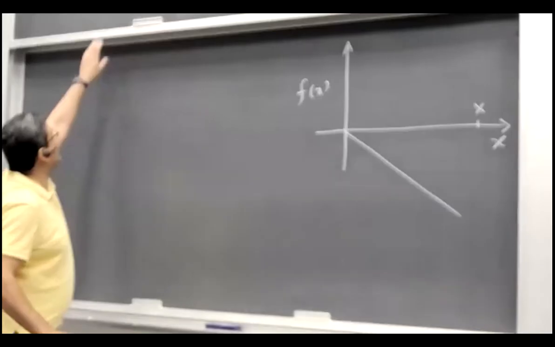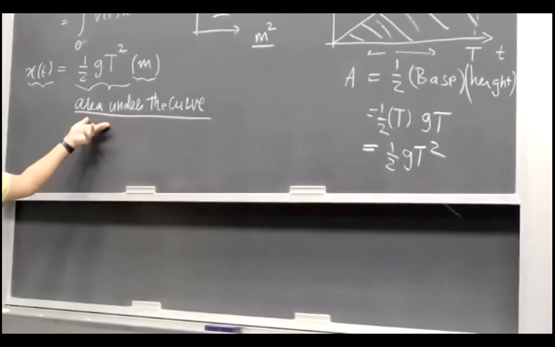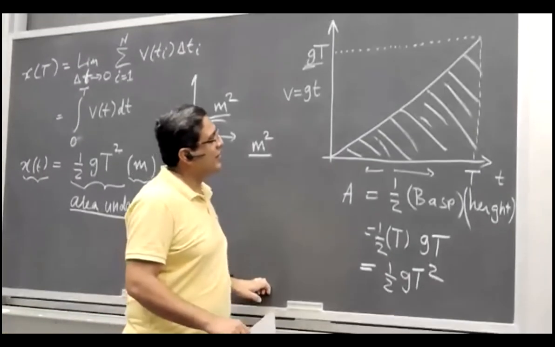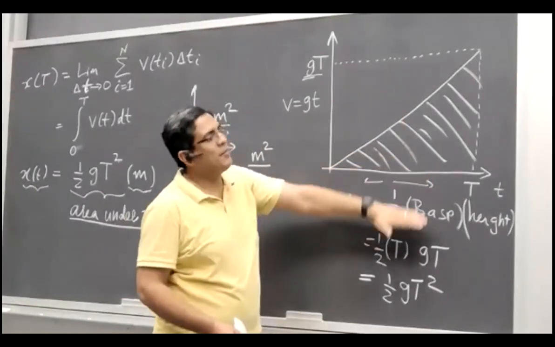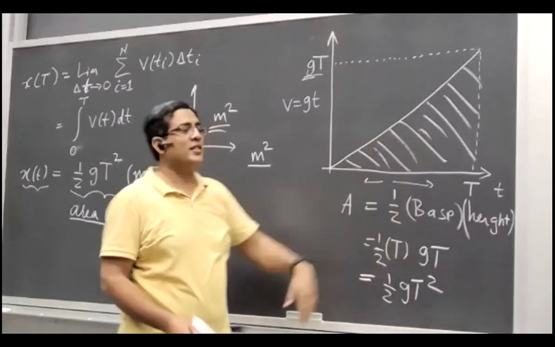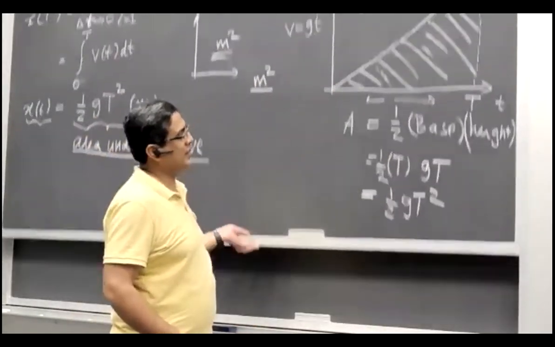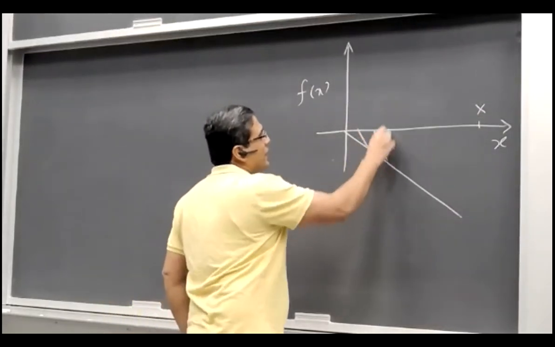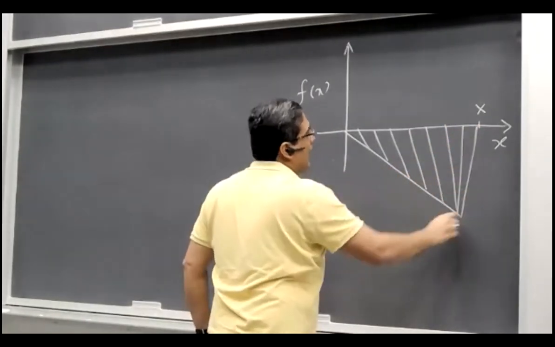So that's the point, that when we say area under the curve in general, that's quite common to say area under the curve, but what it really means is area between the curve and the x-axis. So it can be on either side of the axis. It can be above the x-axis. It can be below the x-axis, like in this example. So it really is area between the x-axis and the curve.